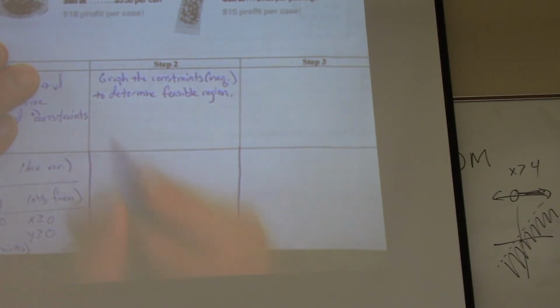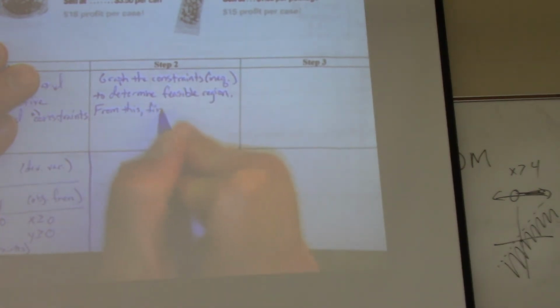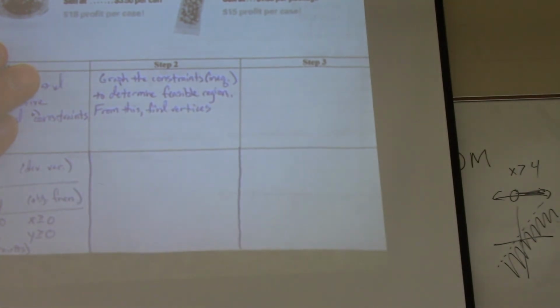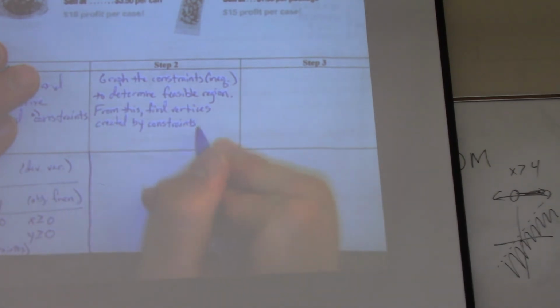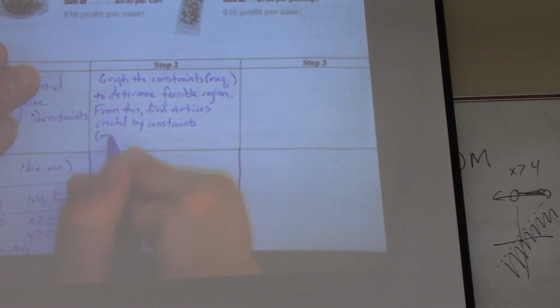And actually, there's more to it. Once we graph it, from this we find vertices. Remember we talked about vertices being just the corners, the points of intersection created by the constraints. And sometimes you may have to use elimination or substitution.